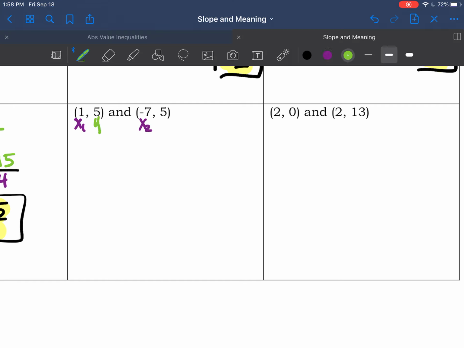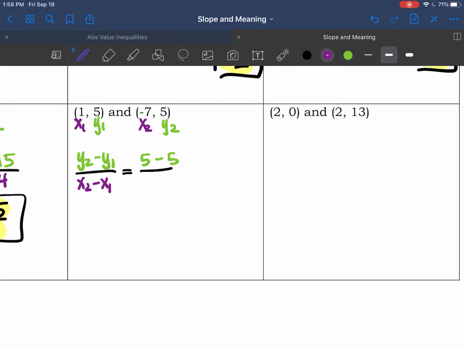x1, x2, y1, y2. Over x2 minus x1. So y2 is a 5, but so is y1.